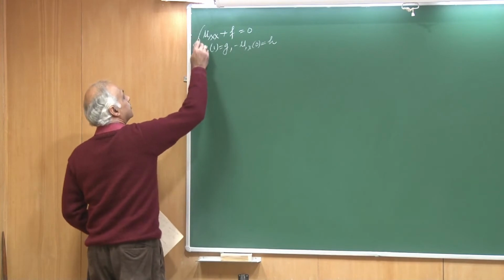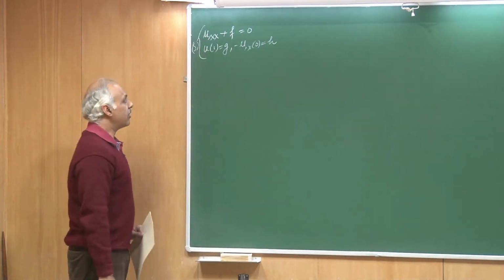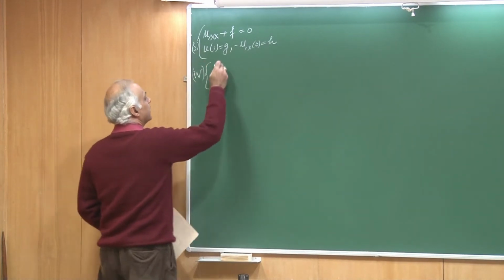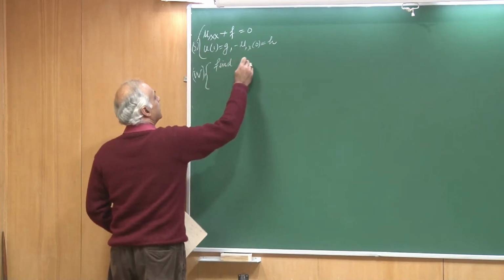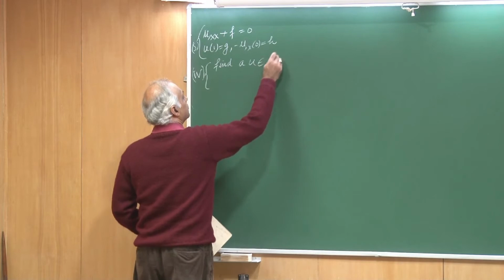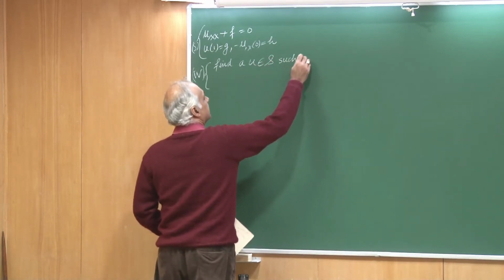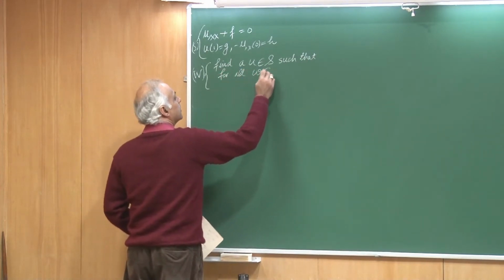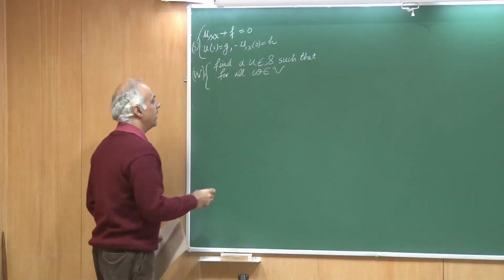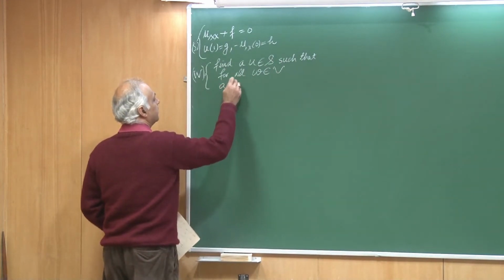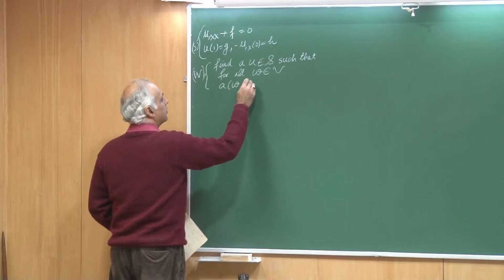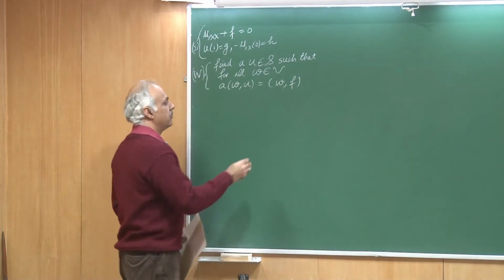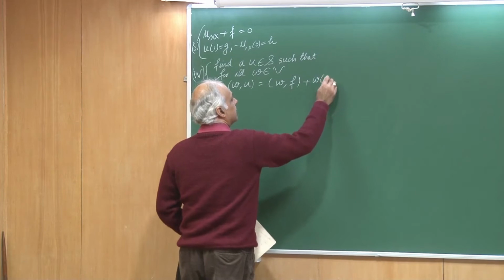So, this was the strong form of the problem, and from this we generated a weak form wherein we said that I must find a u that belongs to S such that for all w's that come from the space V, I must satisfy the following statement: a(w, u) is (w, f) plus w(0) times h.